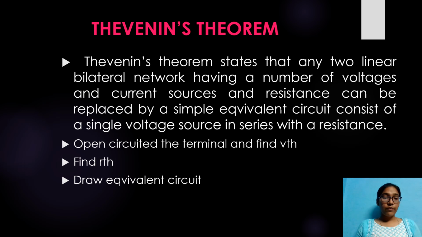Thevenin's theorem states that any two-terminal linear bilateral network having a number of voltage and current sources and resistances can be replaced by a simple equivalent circuit consisting of a single voltage source in series with a resistance.